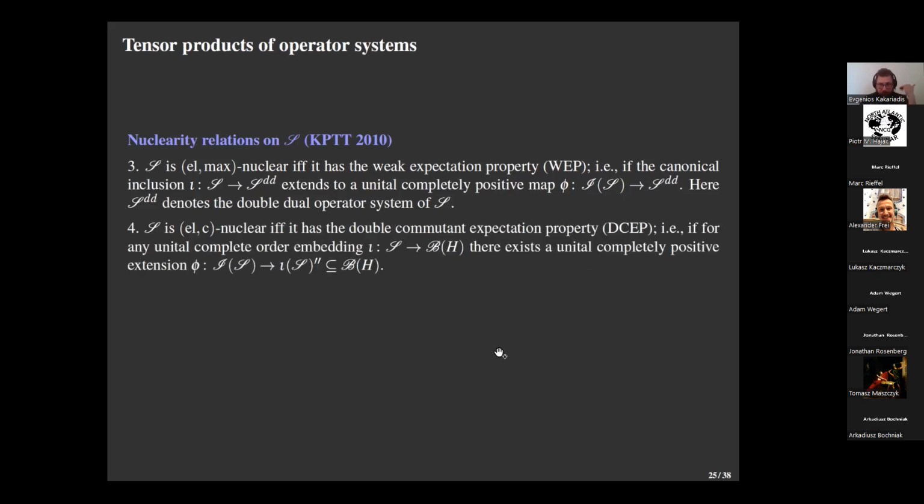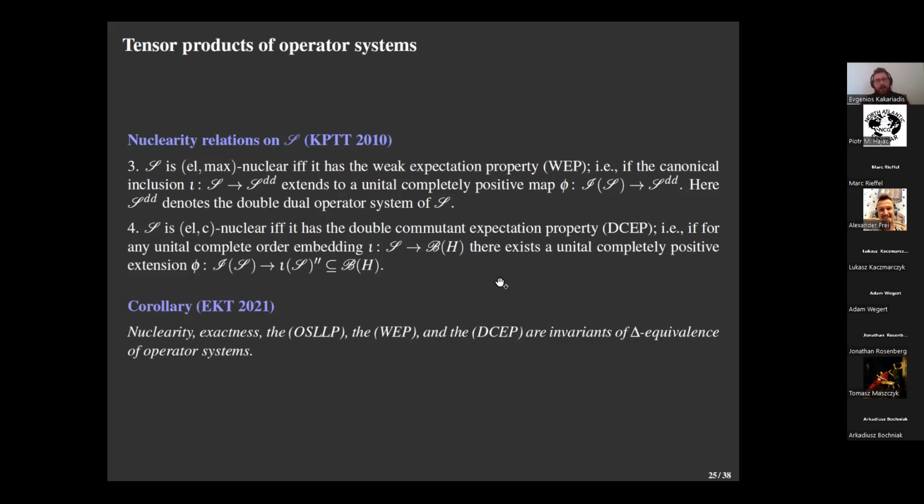And the double commutant extension property is the same thing, but when you have a complete embedding from S to B(H), then you can lift it from the injective envelope to the double commutant of iota(S). Somehow, with these properties, you can extend UCP maps by the representation extension theorem, but the point is that you have a control on the image, and that's what makes a difference.